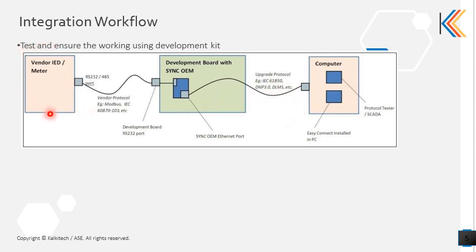So the first thing is, we are not recommending directly integrating the OEM onto the device, because the hardware interface and everything need to be defined. So before that, you have to familiarize yourself with the things, and you should be extra sure that this solution works. So get our development board that contains the OEM module, and the development board has got an RS-232 or 485 interface directly.